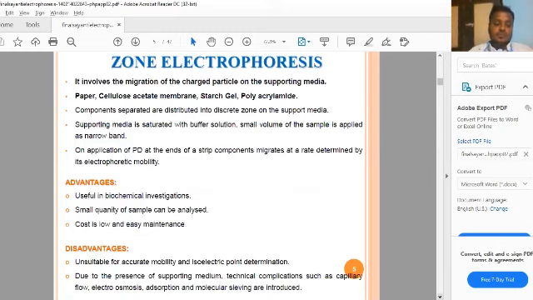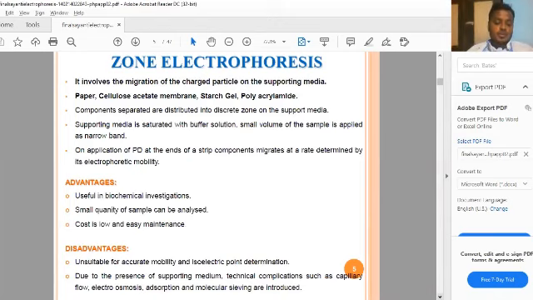Zone electrophoresis involves the migration of charged particles on a supporting medium. The supporting media are paper, cellulose acetate membrane, starch gel, and polyacrylamide.